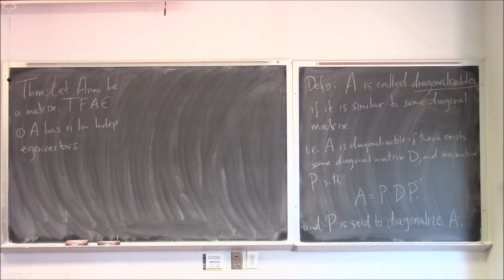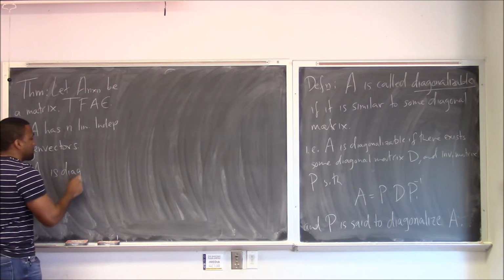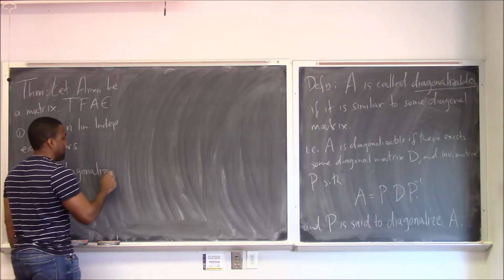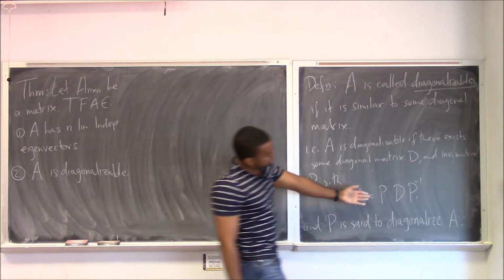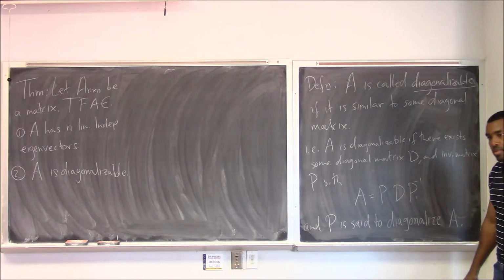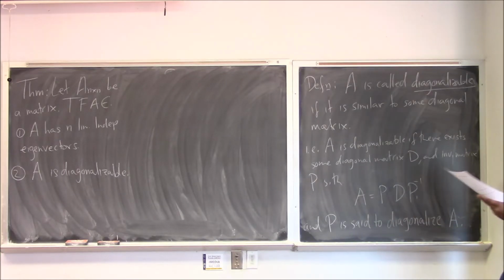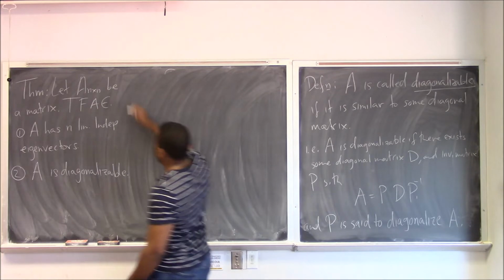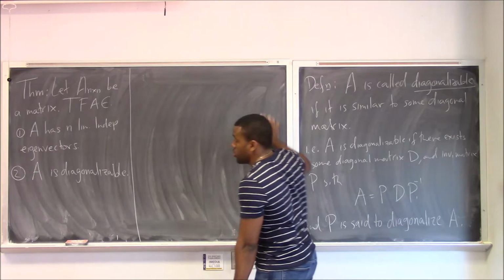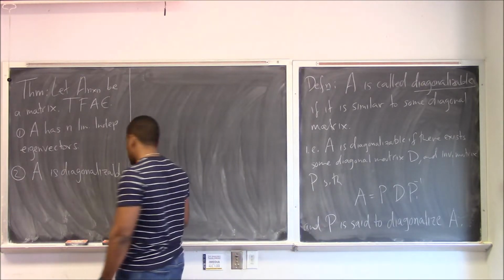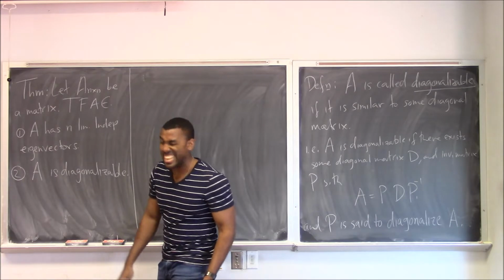So find all the eigenvectors of A. If they're all linearly independent and you have n of them, A is diagonalizable. So you can write A in this form: some matrix times the diagonal matrix times the inverse of the first matrix. So we can use eigenvectors to determine when a matrix is diagonalizable. Moreover, we can do better than that. I can tell you exactly how to do it.